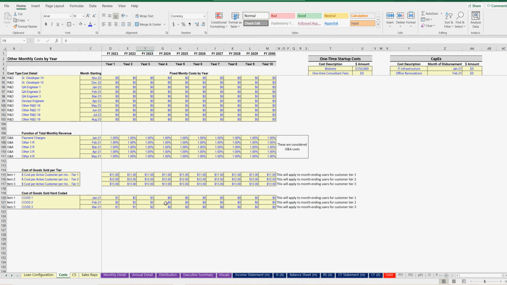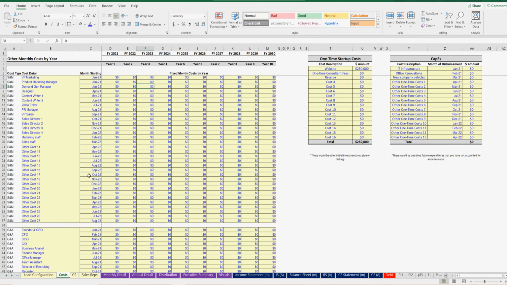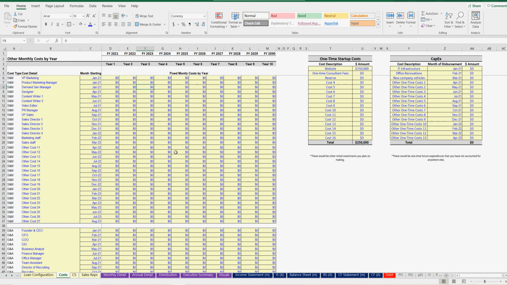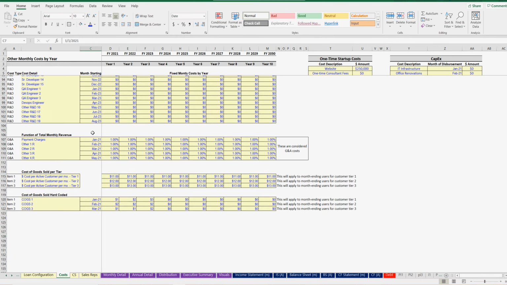And then if you do higher loan amounts, you can get some interesting things there with the scale and what it costs to service the loans and everything. So you can define different costs by month over 10 years. You can define the start month of each OpEx item.